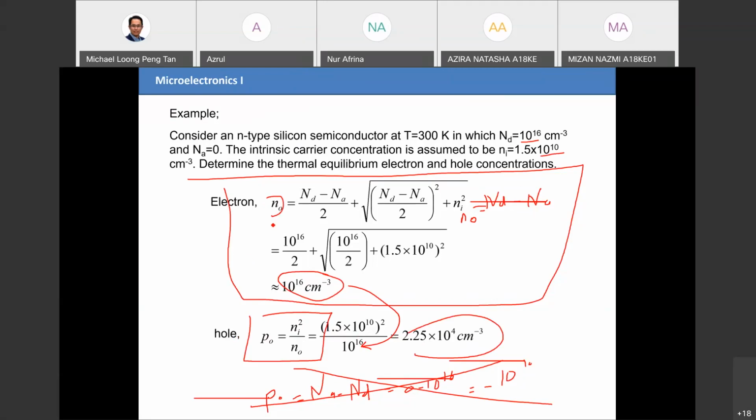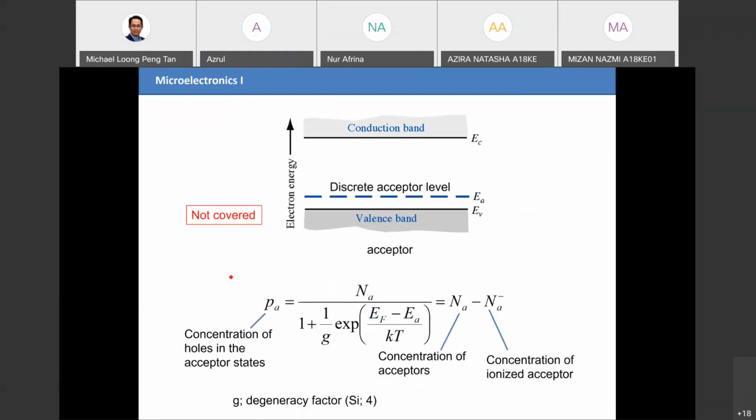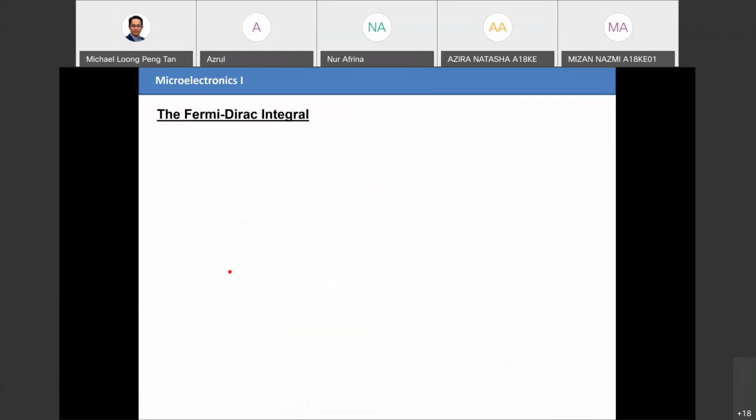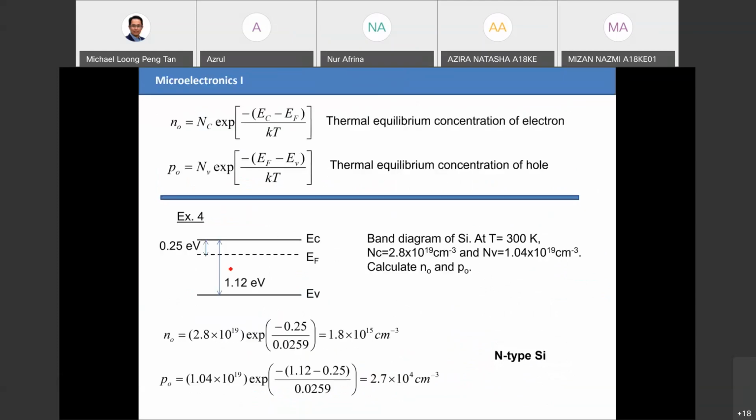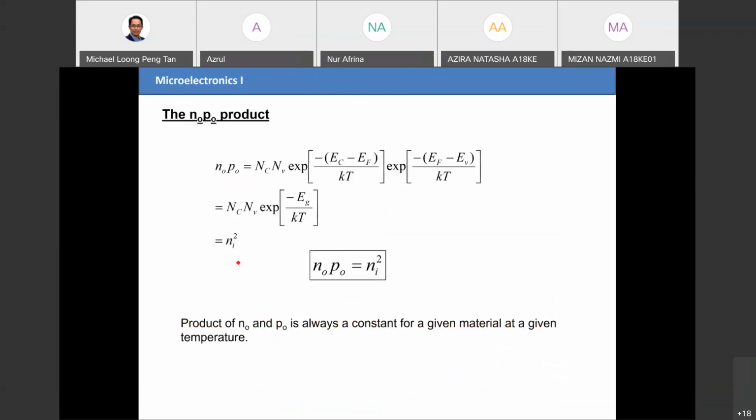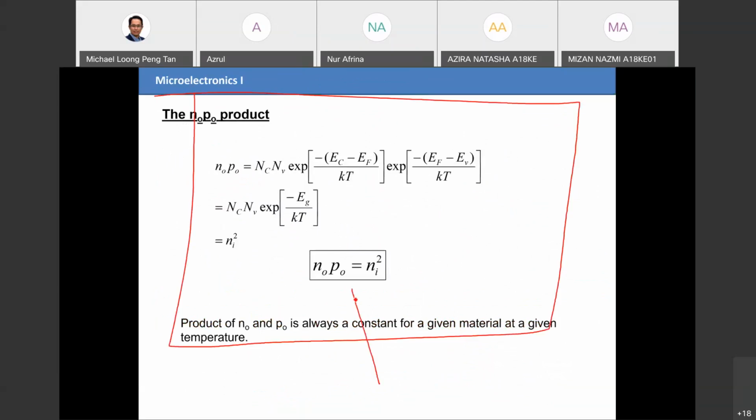You have to use the Ni square equation. Ni square equals NOPO, the product of NO and PO, as I already mentioned just now. It's important not to forget this. If you forget this, then you cannot do it.